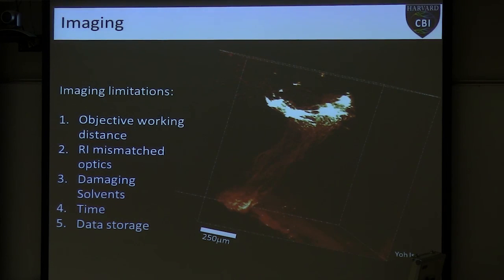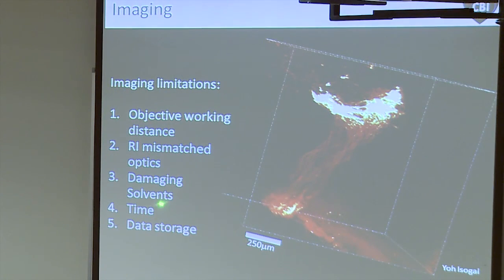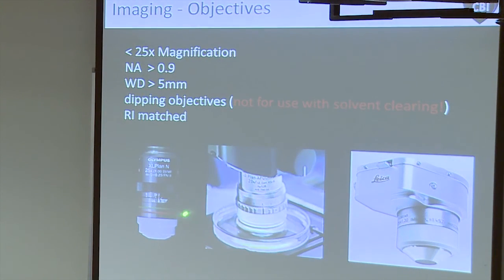So when it comes to imaging, there's 5 big limitations: objective working distance, refractive index mismatched optics, damaging solvents, the amount of time you're going to take to image this, and data storage. So we've talked a lot about this already, but just to point out, as far as the imaging goes on the objective side of things, this has been addressed by most of the major manufacturers now.